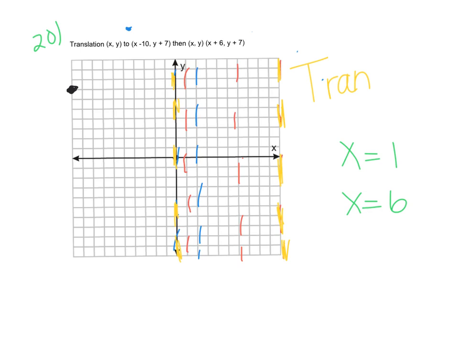So I guess I could say x plus 10, and y didn't change, right? And then just y.